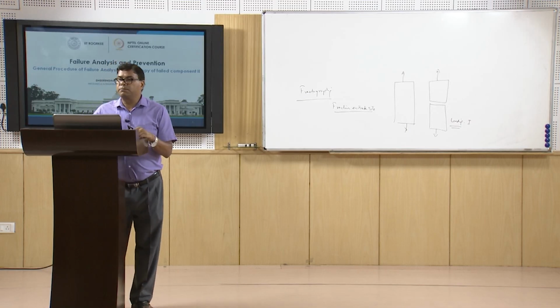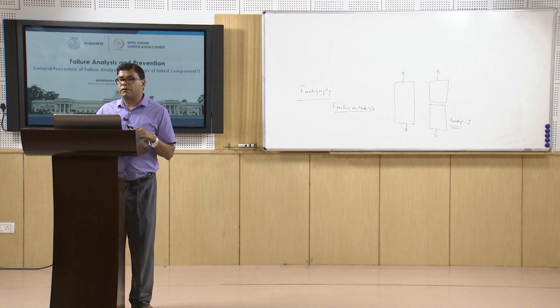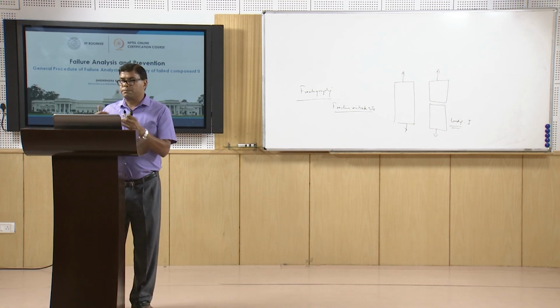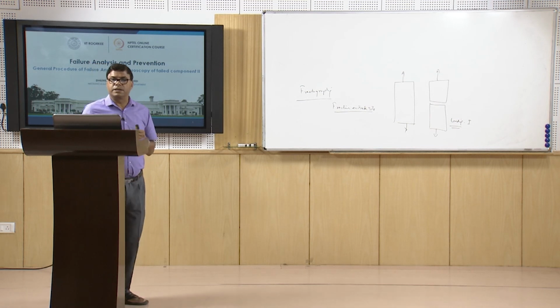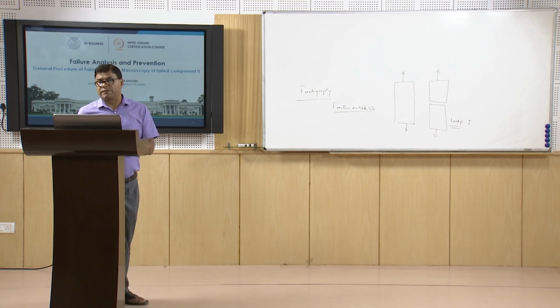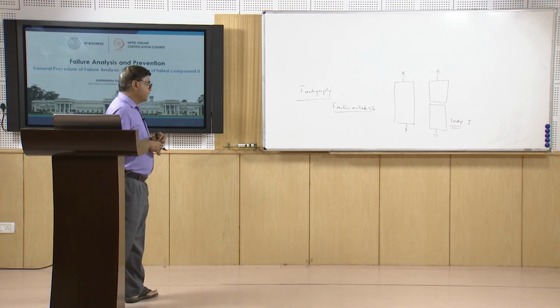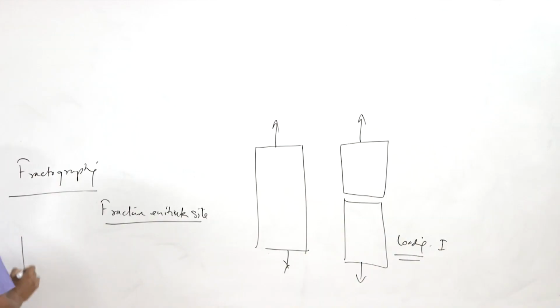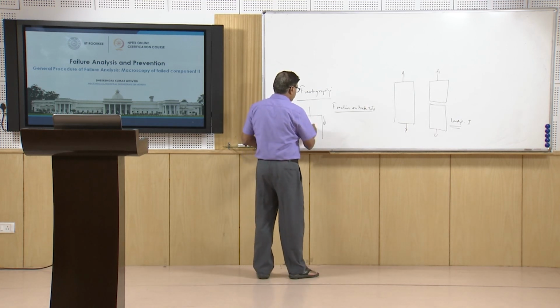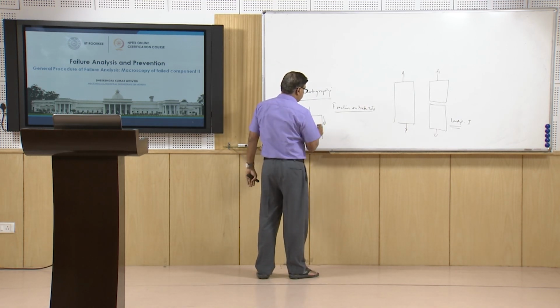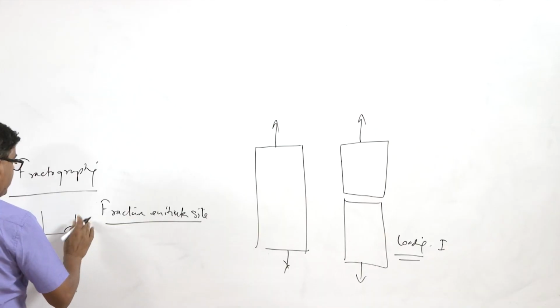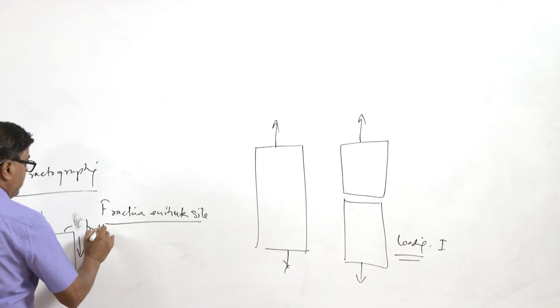Now, another important piece of information which can be gathered from the fracture surface orientation with respect to the component geometry and loading is whether the fracture has been ductile or brittle. If the fracture surface is perpendicular to the axis of the component, or perpendicular to the loading axis, then this is the case of brittle fracture.